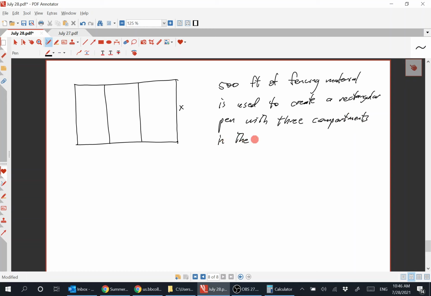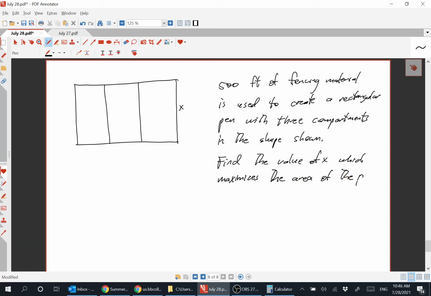Find the value of x that maximizes the area of the pen. And then what is the max area?